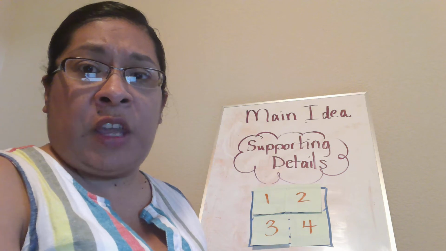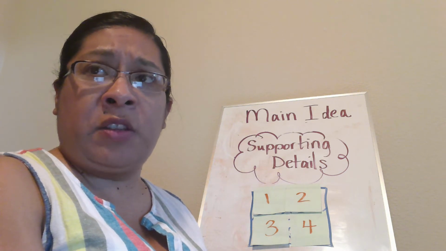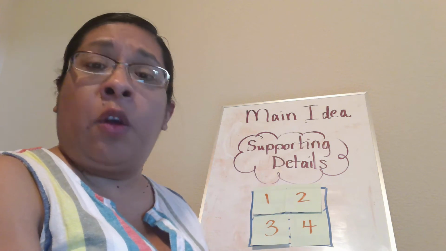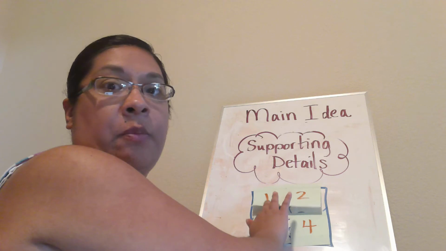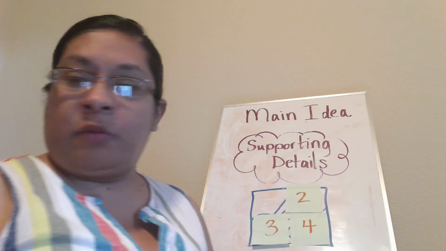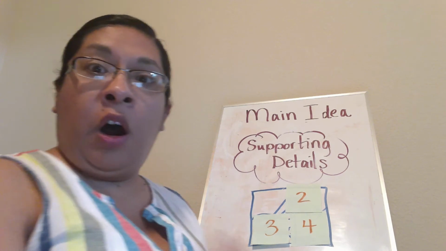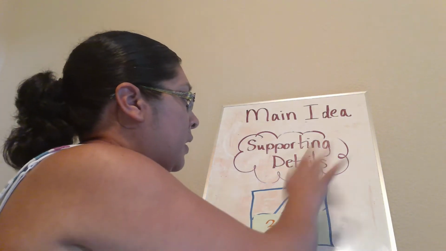Now, if I show you one picture of the puzzle, or a supporting detail, would you know what the main idea is? Let's see. Could you tell what it is? No, right? You need to know all the puzzle pieces, all the supporting pieces. Do you know?